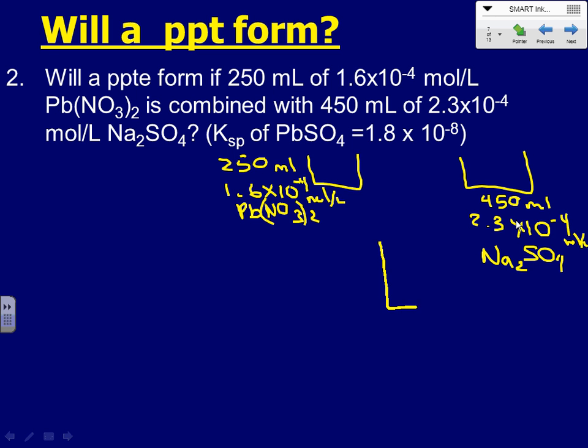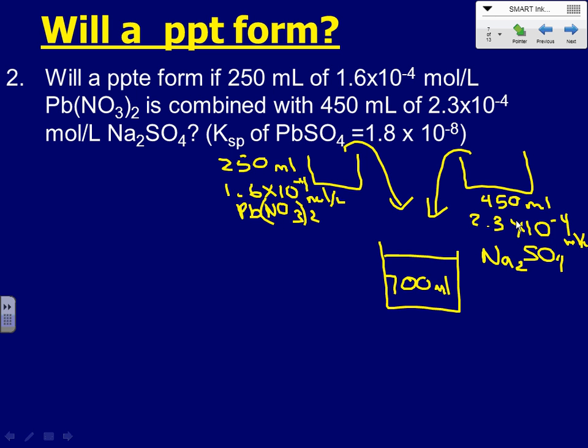And we are going to dump that into one container, which means I'm going to have a final volume. What's that final volume going to be? Yep, 700 milliliters.